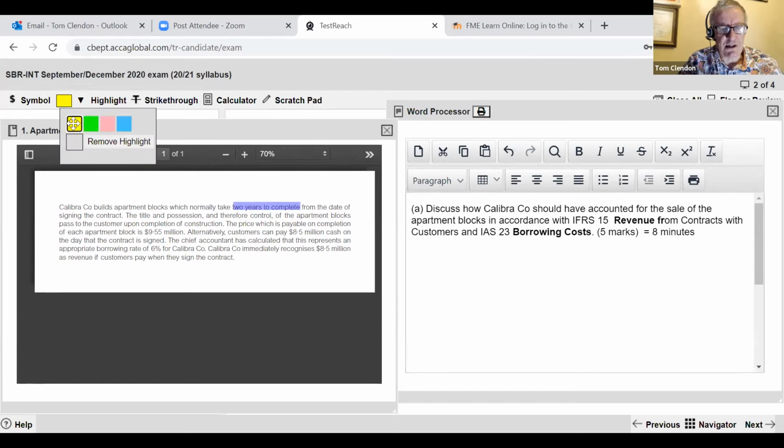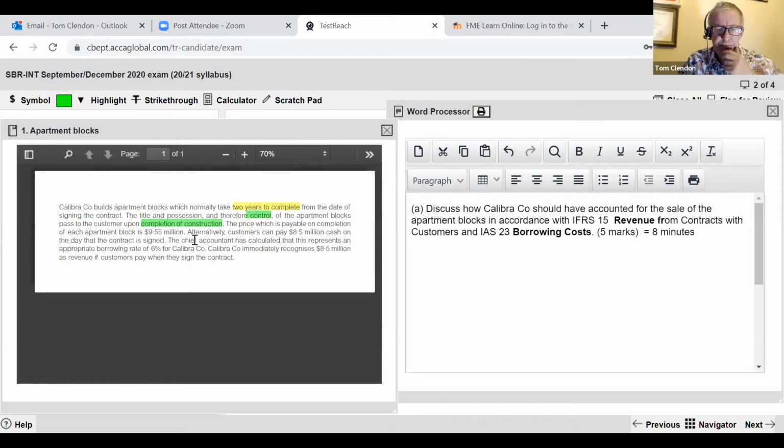From the date that we sign the contract, the title and possession, and therefore control of the apartment blocks, pass on completion. So we've got here a situation where control is passing upon completion of the construction. It takes 2 years to build.